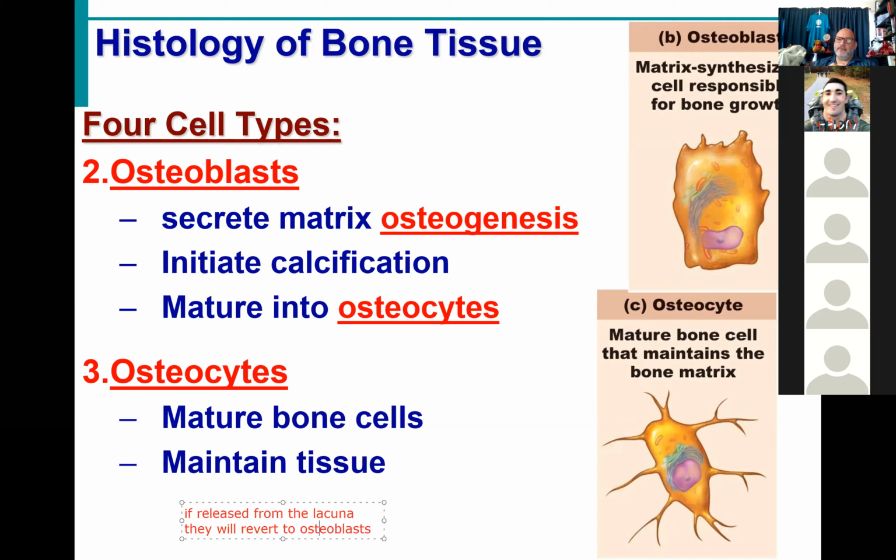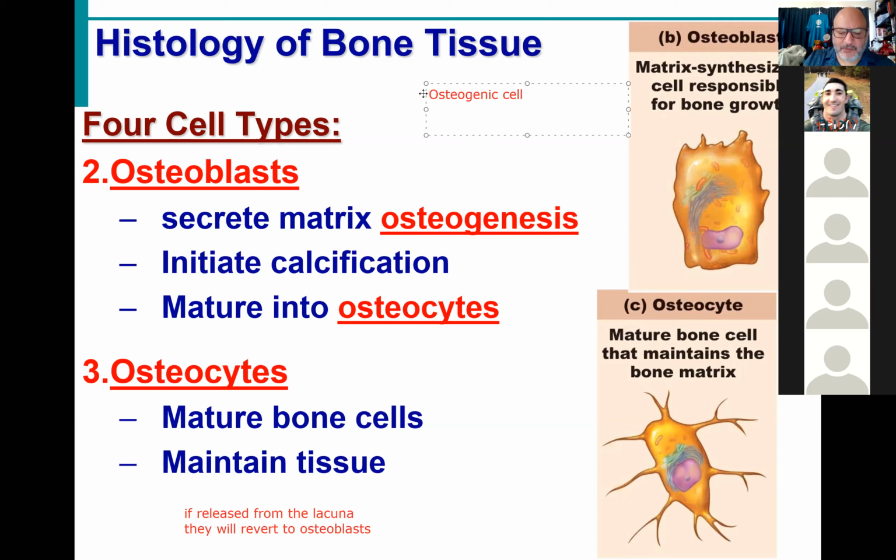All right? Notice, if you think about it, we said there are 4 cell types inside of our bone connective tissue. But really, they're really just one cell at different stages of its life. It starts as a unipotent stem cell, the osteogenic cell.